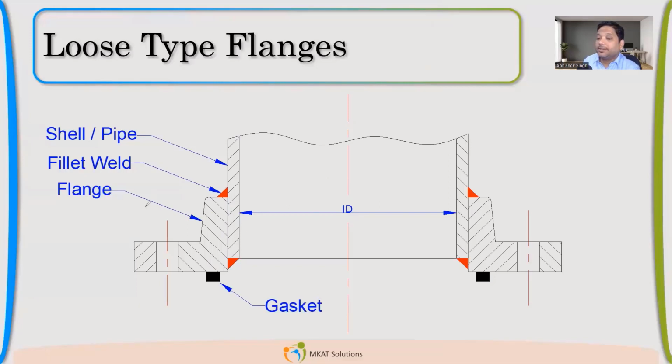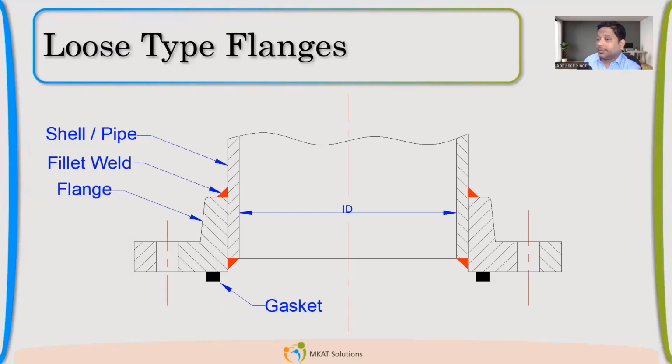See, yes, if it is clear, loose type and integral. So in loose type, slip-on flange, lap joint flange, screw type, all will come in the loose type flange category. ASME has given very different figures, so that will clarify what exactly a loose type flange is and what is integral.